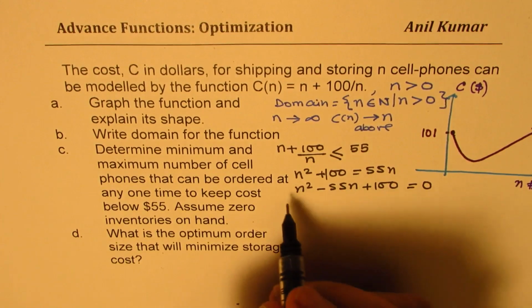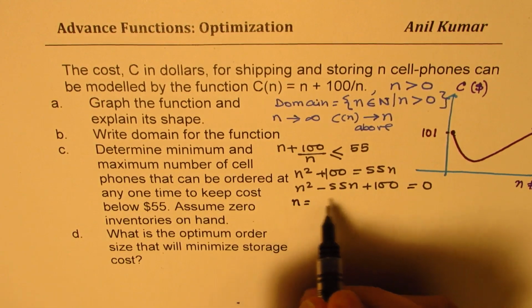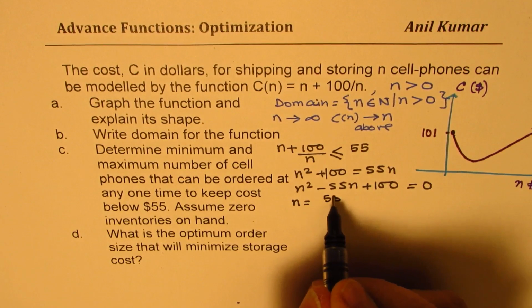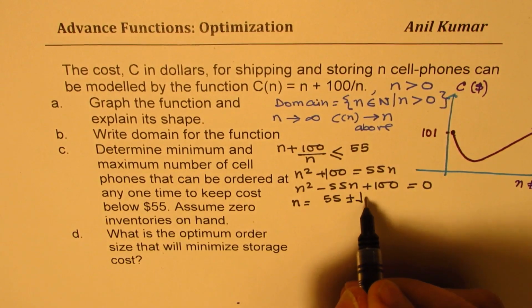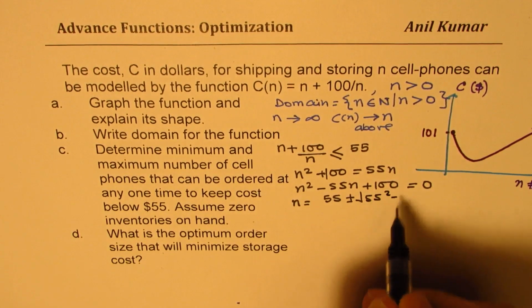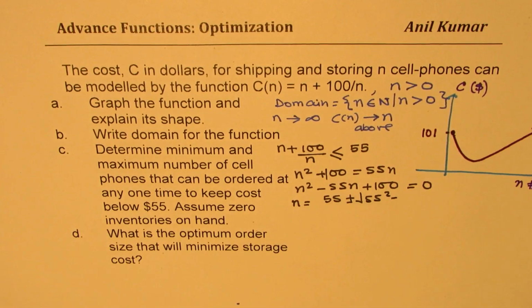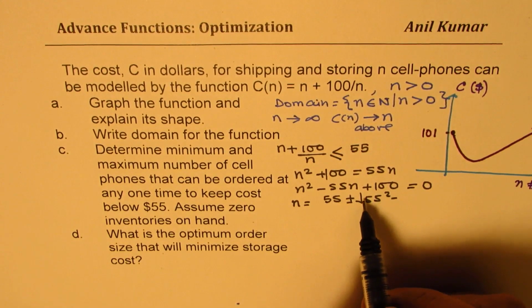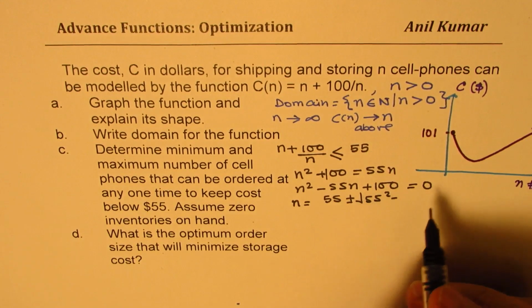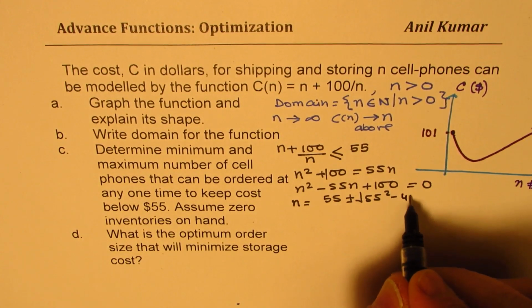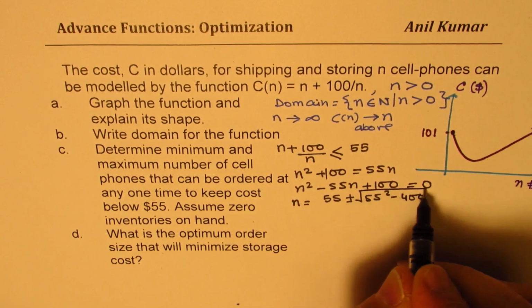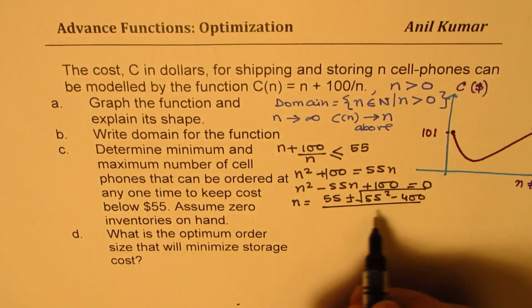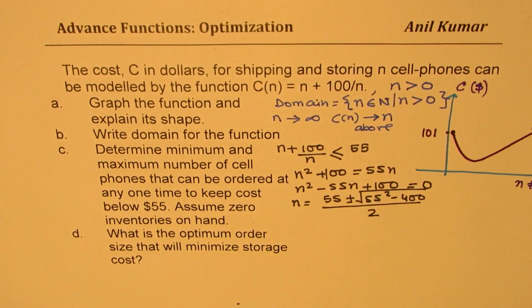So let's use the quadratic formula. So n equals minus b, which is 55, plus or minus the square root of 55 squared minus 4ac. So when you do minus 4ac, it becomes minus 400, over 2. So let's calculate this value.